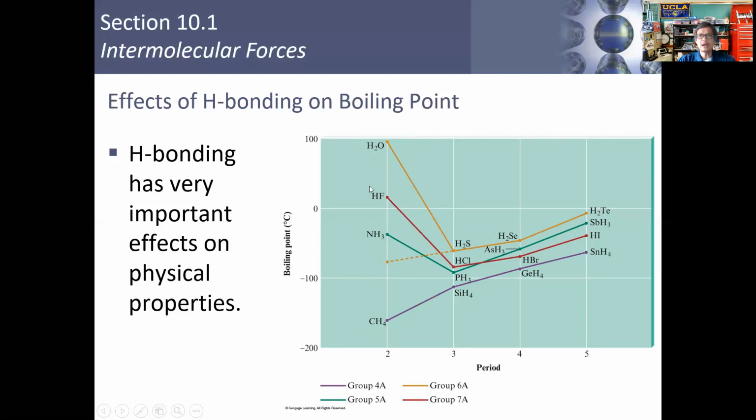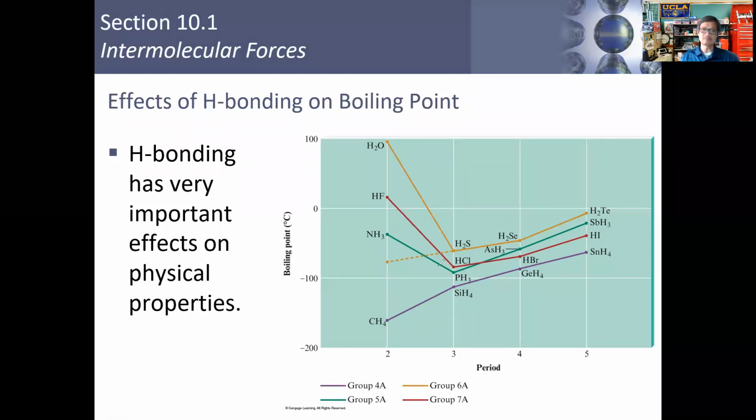The question that I would be curious to ask you, and let's take a look at the halogens here, folks. We have all these halides here: fluorine, chlorine, bromine, and iodine. All of them should be capable of hydrogen bonding, and they do to a certain extent, but not to that same extent. My question to you is this, and this is something you can come by and ask me.